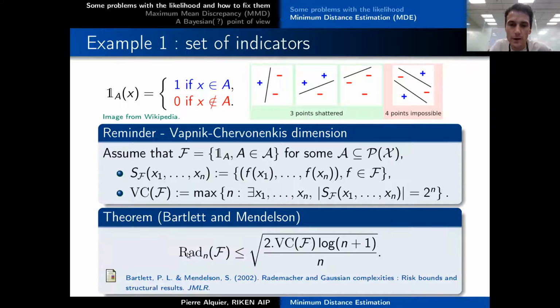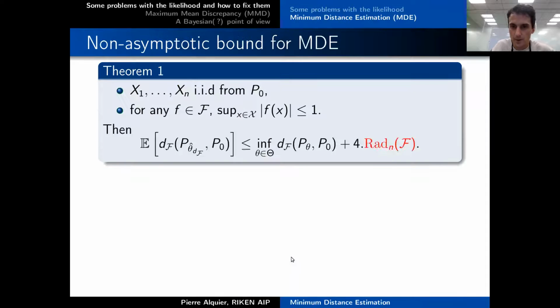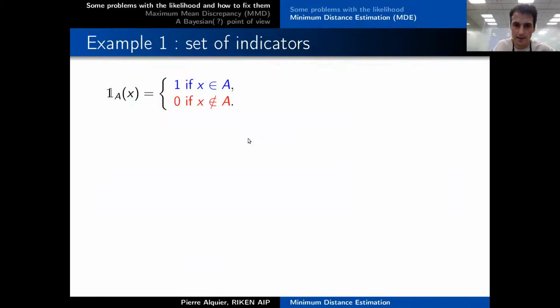So it's known, for example, I provide this reference of the paper by Bartlett and Mendelson, that if the Vapnik-Chervonenkis dimension of F is bounded, then you have this bound on the Rademacher complexity, and you just have to plug this into the previous inequality to obtain that you have a method that will be square root n consistent in distance d_F.